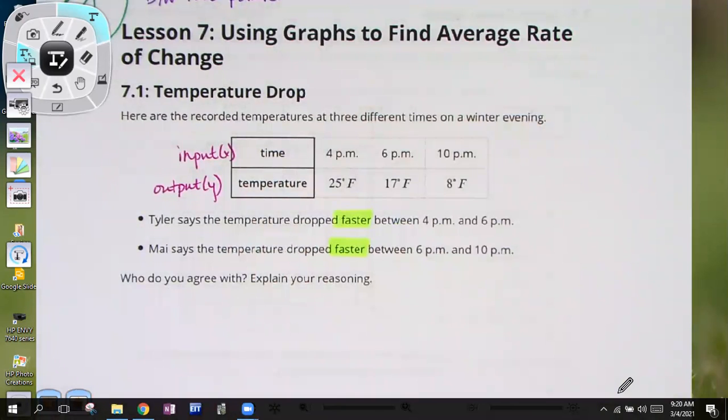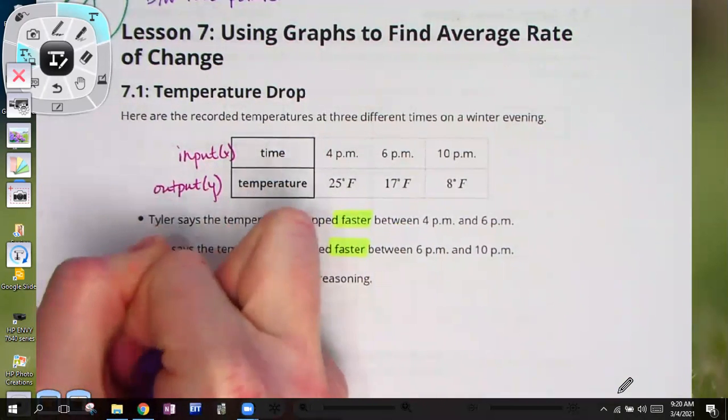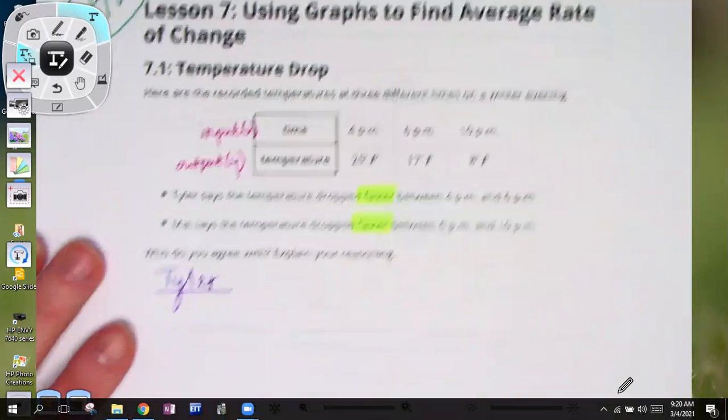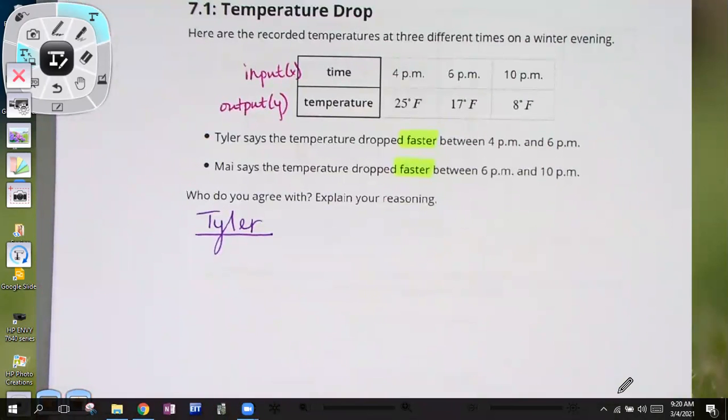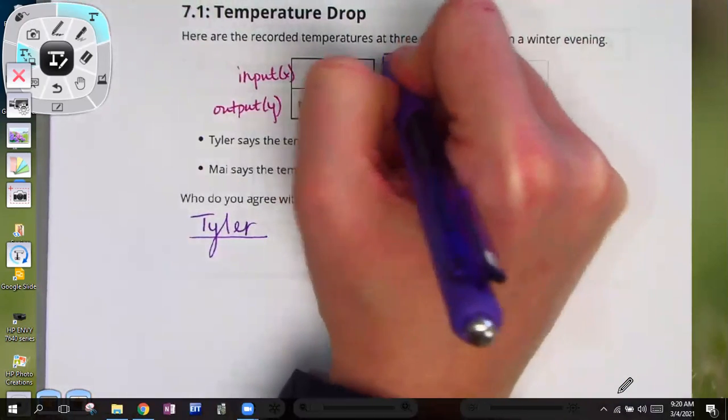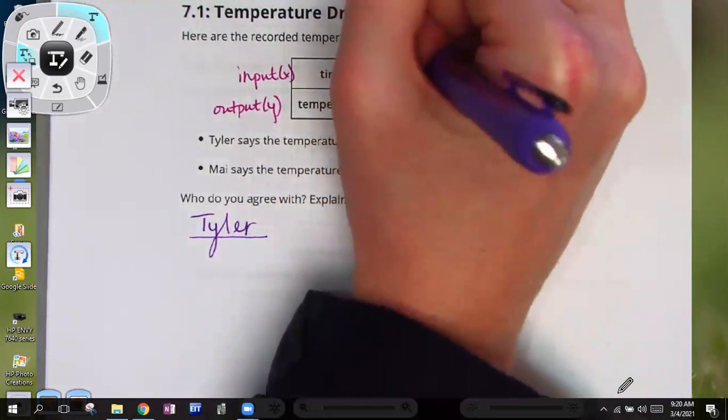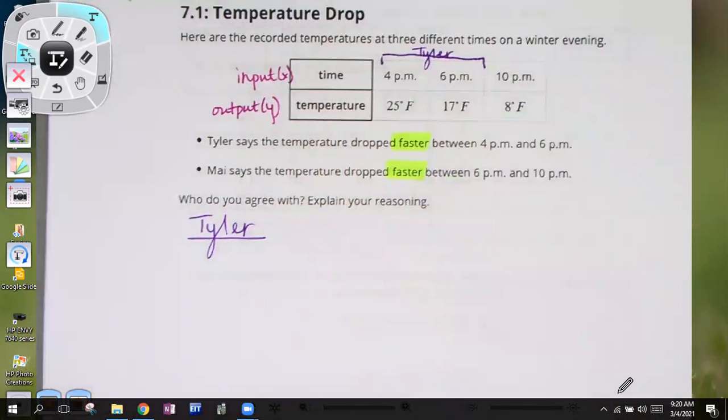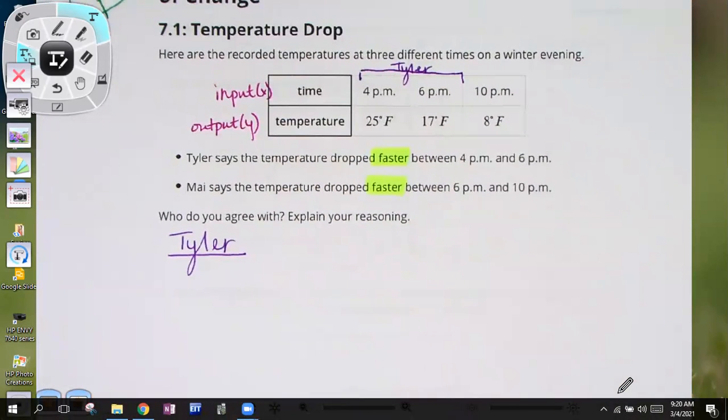So if you chose Tyler, give me your reasoning why you chose Tyler, Hayden. So Tyler's was between 4 and 6. I said because you're dropping 4 degrees an hour versus 2.25.